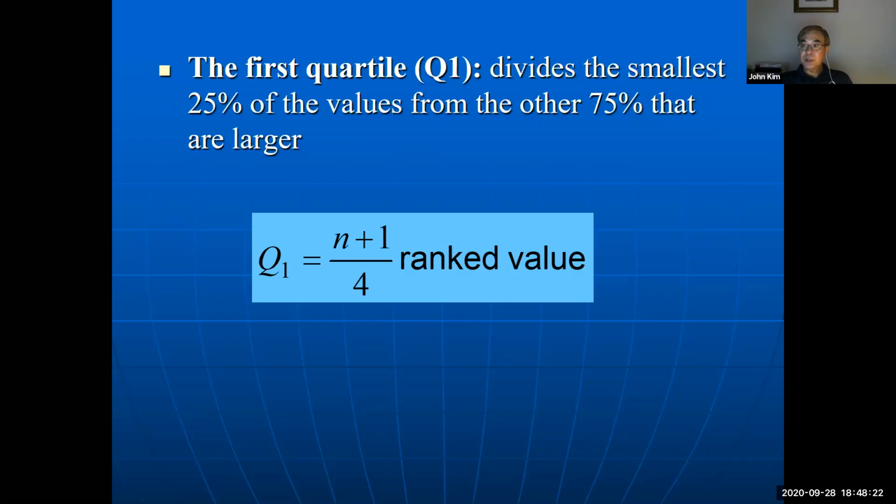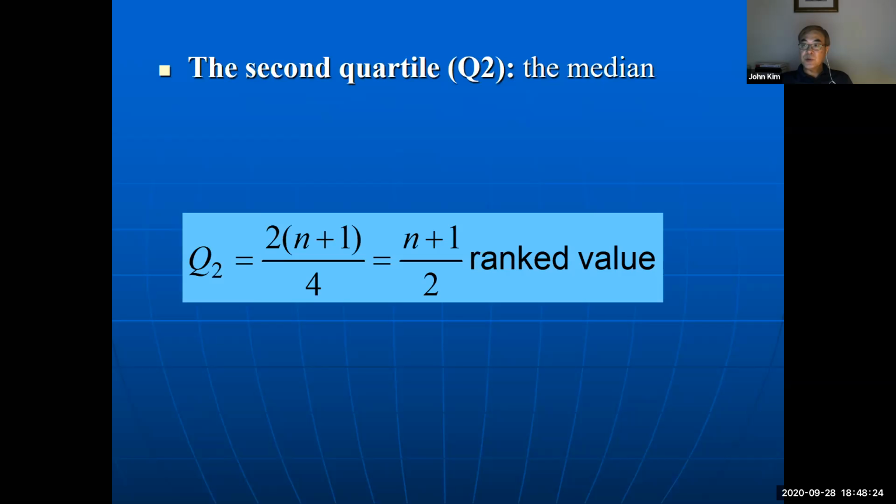The second quartile is the same as the median. Q2 equals 2 times n plus 1, divided by 4, which is the same as the formula to find the median ranked value.